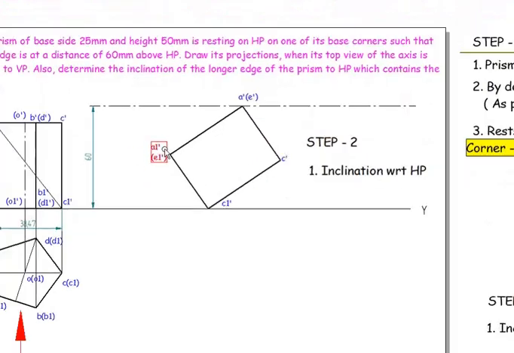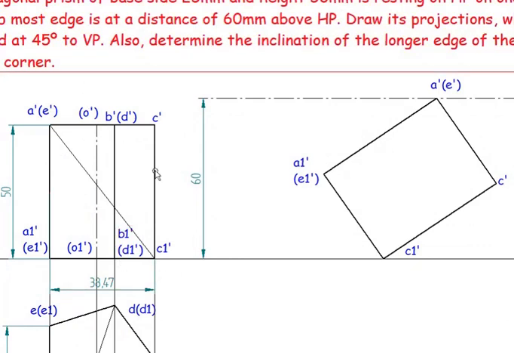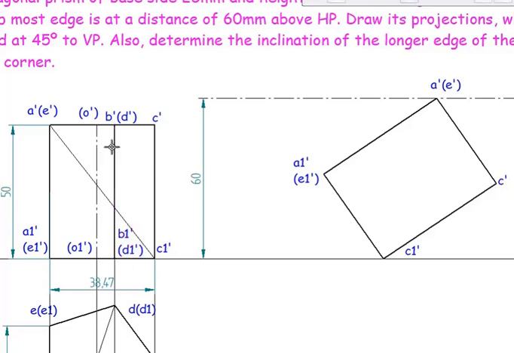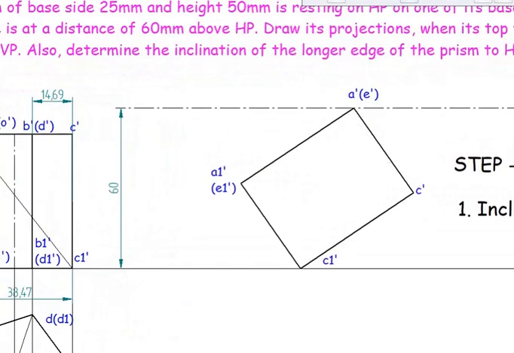Now I'm going to be concerned about the second step, which is C dash to D1 dash, and this also is going to be equal to 50 and it is going to be parallel to that. So I need to find its distance. This distance is 14.69. I'll cut a radius with the compass here, 14.69.